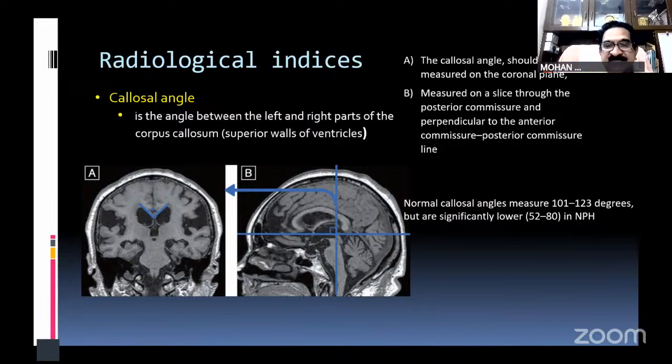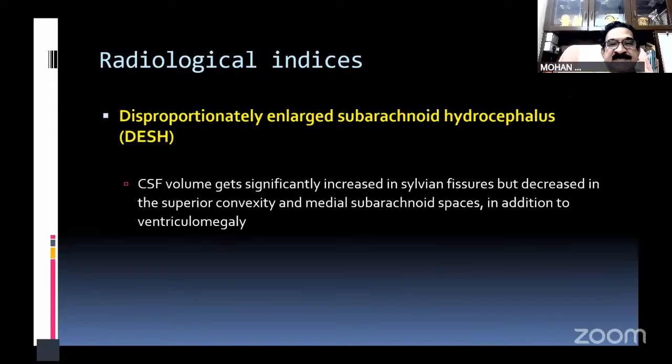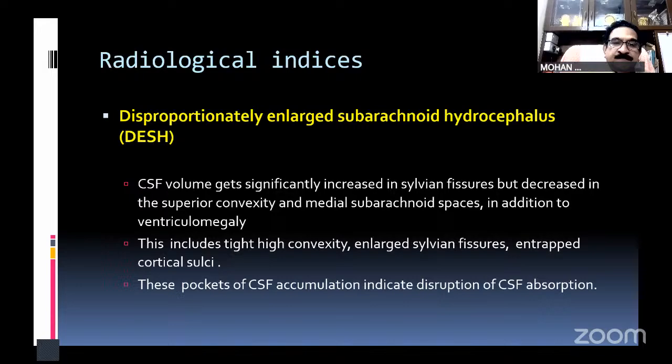How to measure it and all, I will skip. And this part, I am going to tell you in detail. CSF volume gets significantly increased in the Sylvian fissures, but decreased in the superior convexity and medial subarachnoid space, in addition to the ventriculomegaly. This includes tight high convexity, enlarged Sylvian fissure, and entrapped cortical sulci.